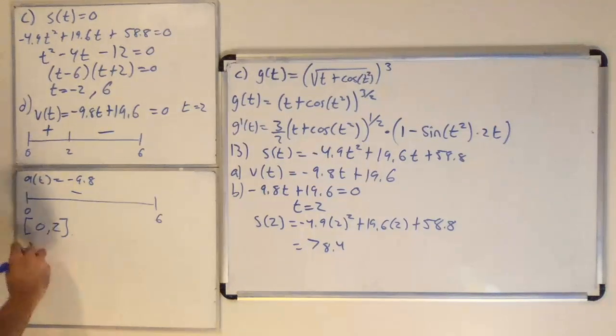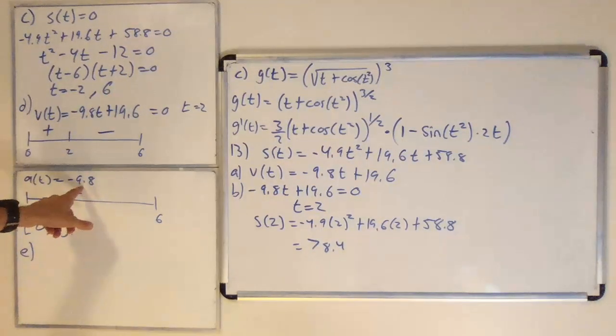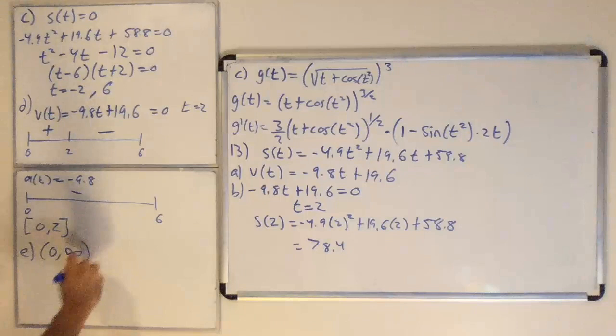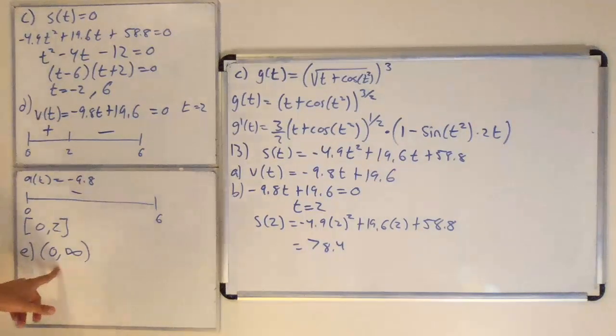All right, and then last, for what positive times is the acceleration negative? Well, we showed the acceleration is always negative. So 0 to infinity. We don't include 0 because it said positive. I don't think you would lose a point if you included 0, but yeah.